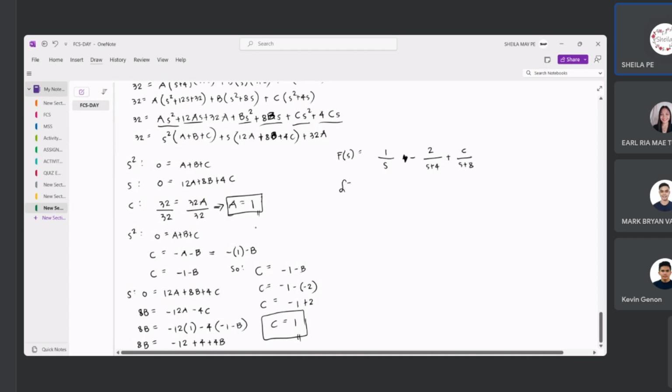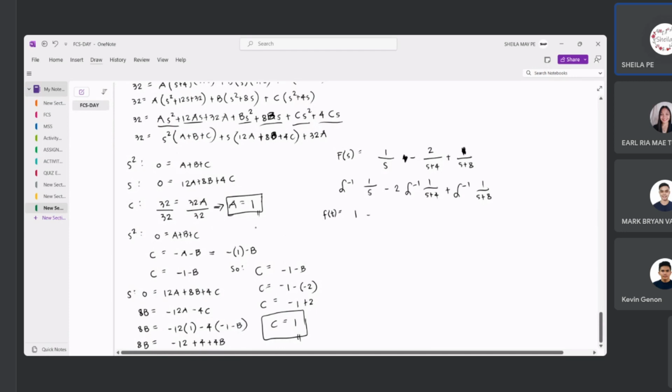Now the inverse Laplace of 1 over s, minus 2 times the inverse Laplace of 1 over s plus 4, plus the inverse Laplace of 1 over s plus 8, with C being 1. So the inverse Laplace of 1 over s is 1.